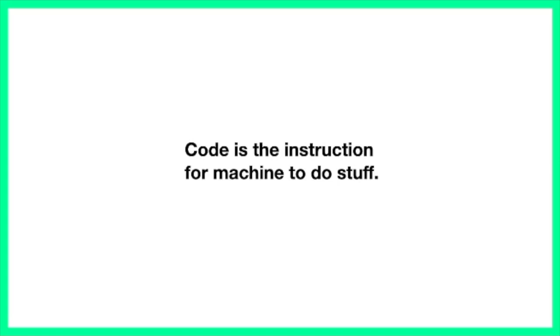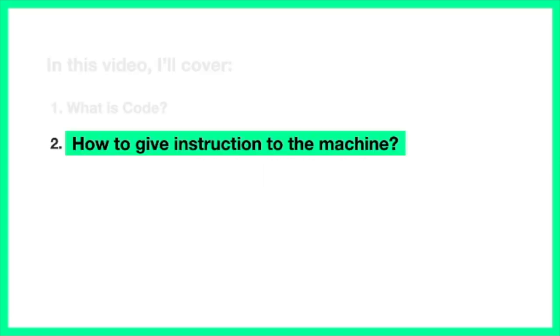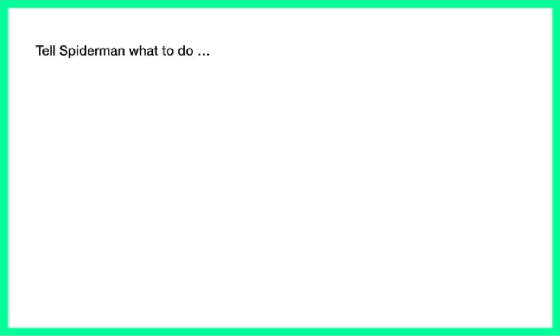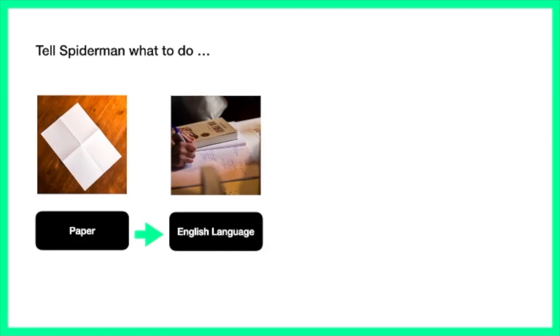But how do we do it? What does the coding process look like? A better way to frame this question is how to give instruction to the machine. Before that, let us just imagine that you want to give the Spider-Man an instruction to tell him what to do. You first get a piece of paper, and then you write some instructions in English on that piece of paper.